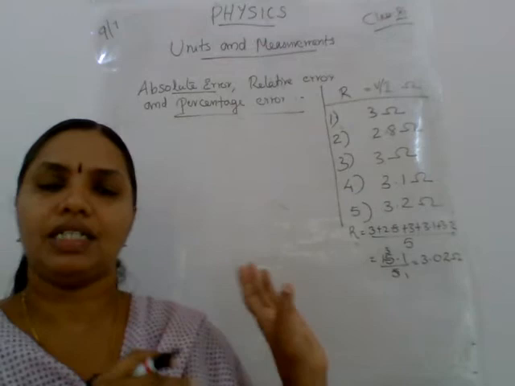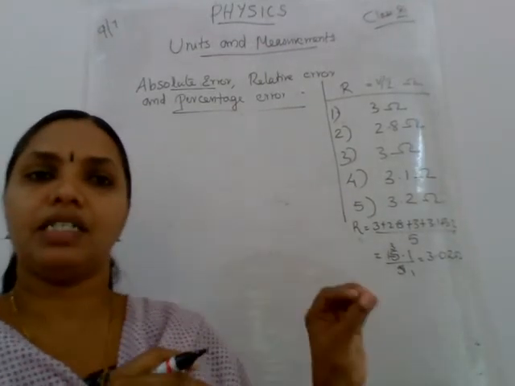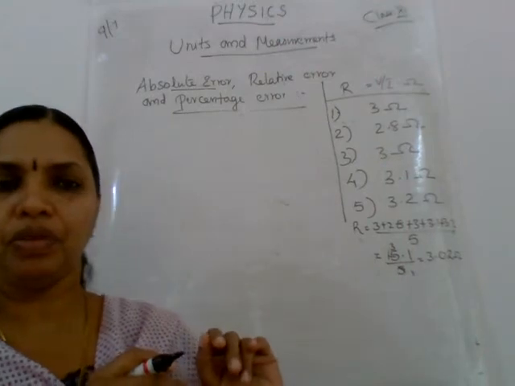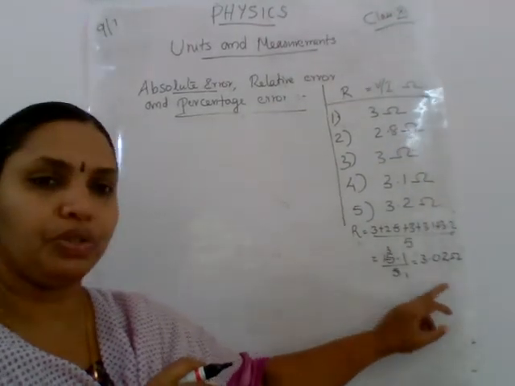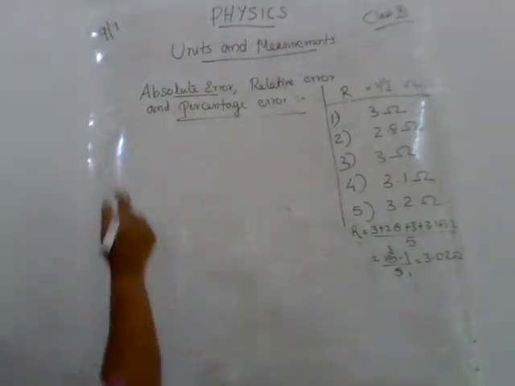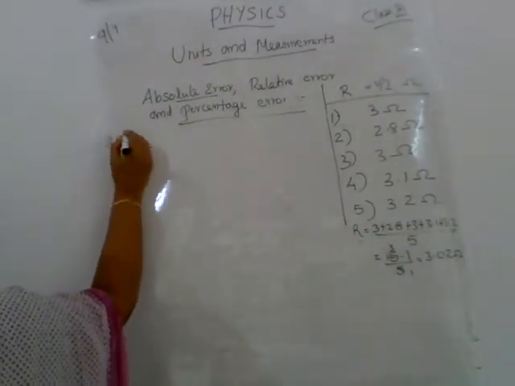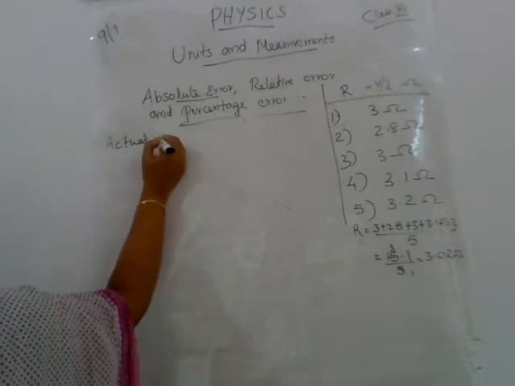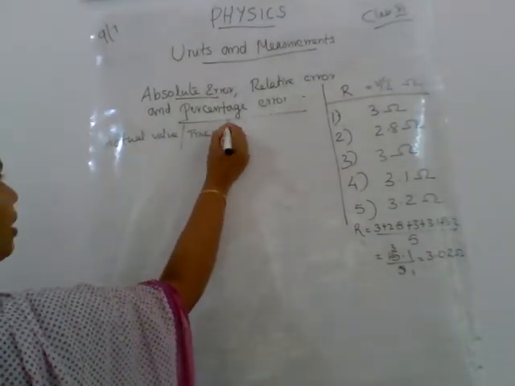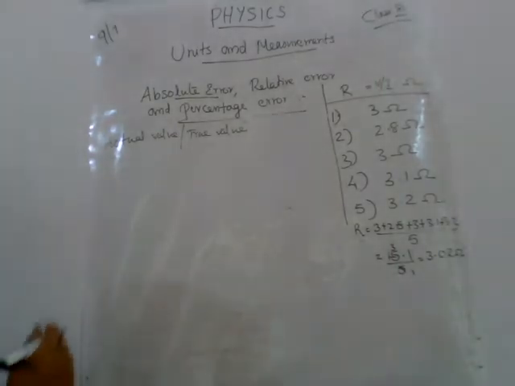That is, we are considering that as the resistance of the resistor which was provided to you. So we will call it the true value. Okay, this 3.02 is the actual value or the true value of the resistance here.